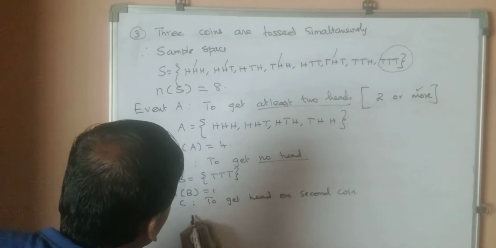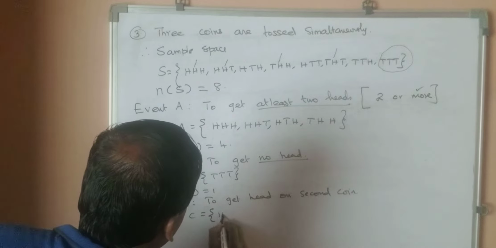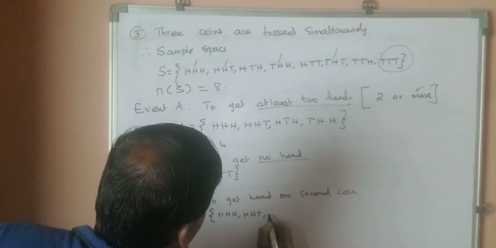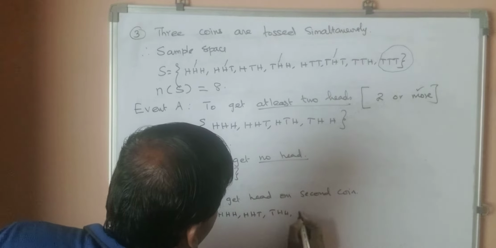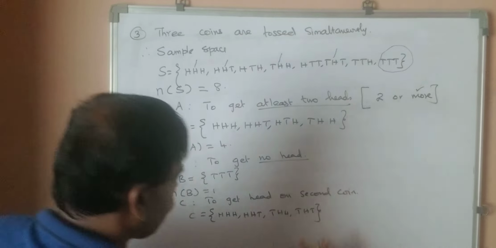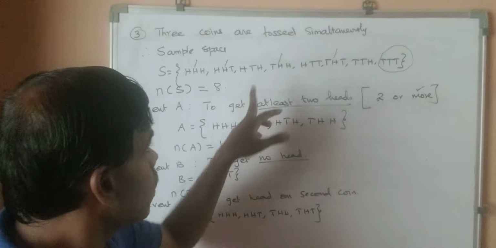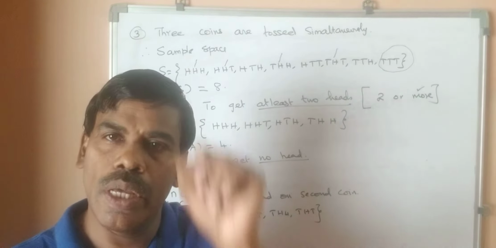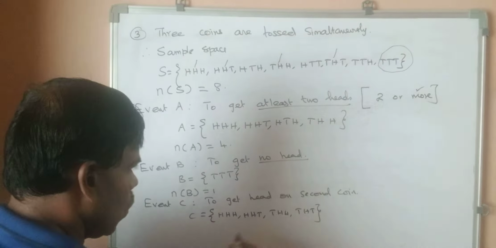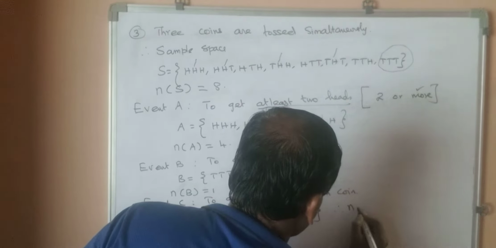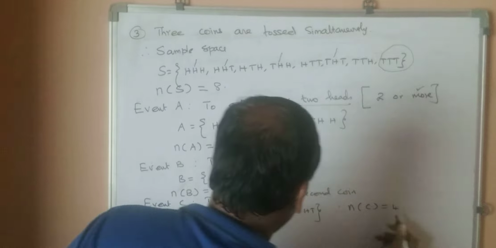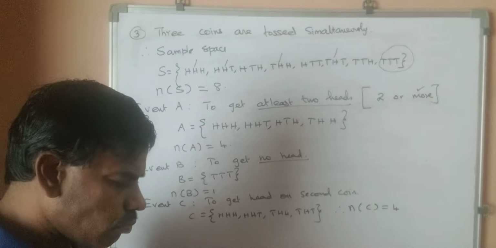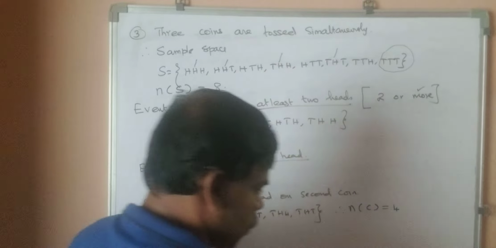So how many? 4 are there: H, H, H; H, H, T; T, H, H; T, H, T. So these are the 4 possibilities where you have head in the middle. So how many sample points are there? 4. 1, 2, 3, 4. Now we will see some more examples.